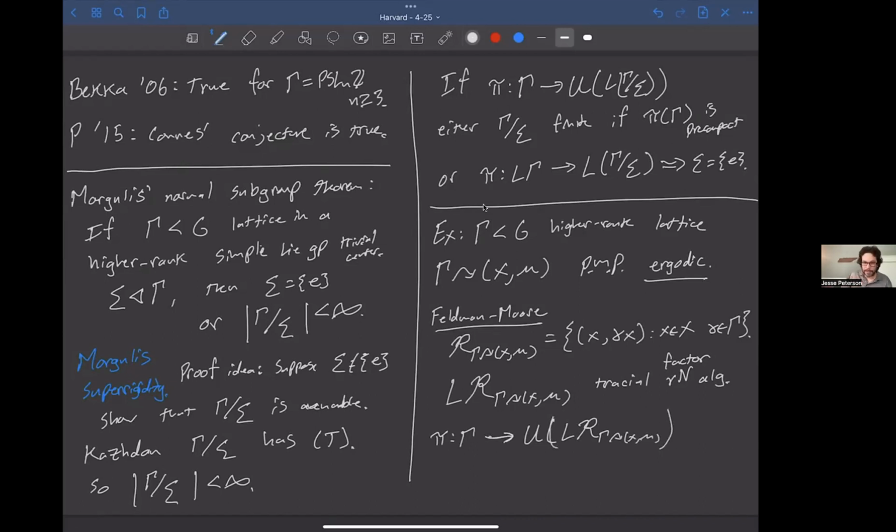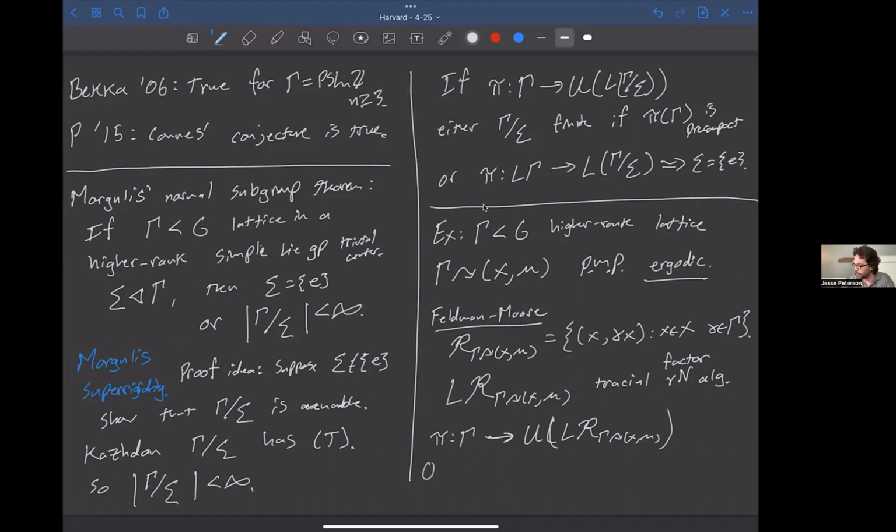Now it doesn't necessarily generate this in general. That's an interesting question, when it does, which was studied by Vershik. But you can still apply operator algebraic superrigidity to the von Neumann algebra generated by the range.